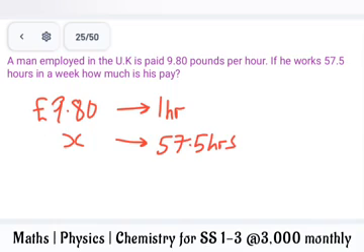Then how many pounds, which is X pounds, will pay to him when he works for 57.5 hours. So we'll cross multiply like this.